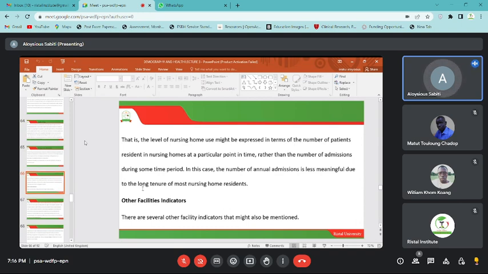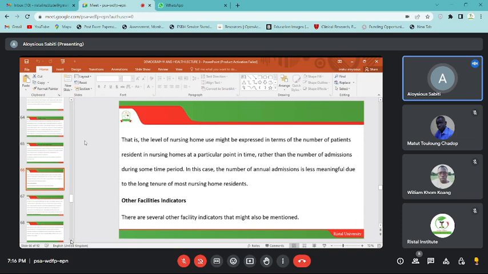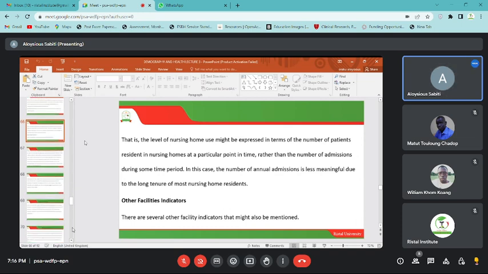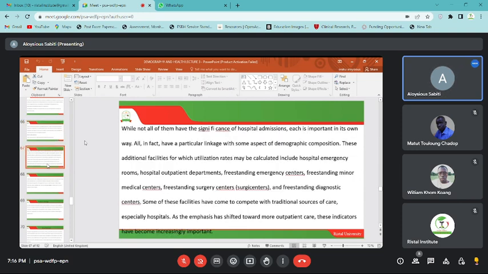So we want to look at other indicators that are facility based. There are several other facility indicators that may also be mentioned, which, while not all of them are significant, each is important in their own way. All, in fact, have a particular linkage with some aspect of demographic composition.